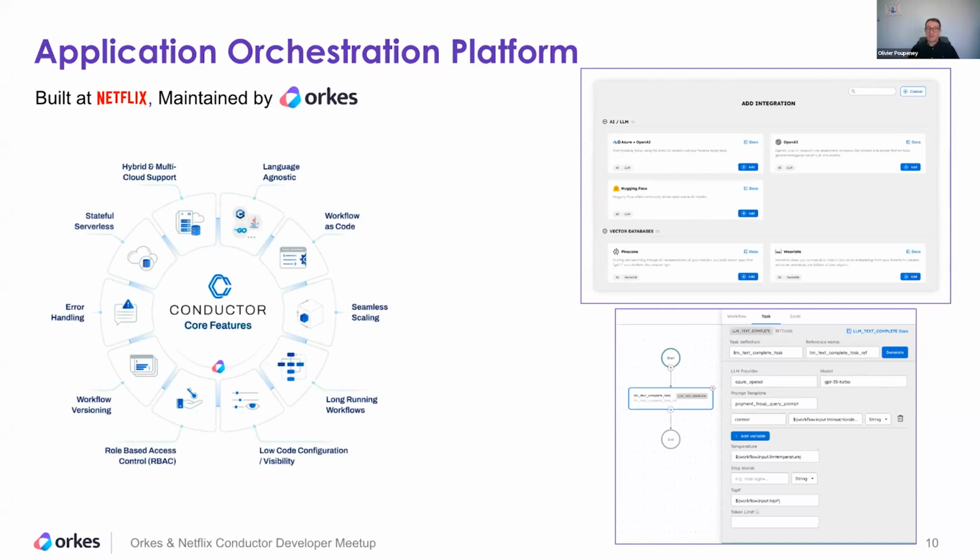And the second one is with a vector database. With those two integrations, I can really build my Retrieval Augmented Generation platform. And that becomes just a single task. I have a task for doing LLM text complete, or I can do the index text, index URL. All of those features come out of the box with our version of Conductor.